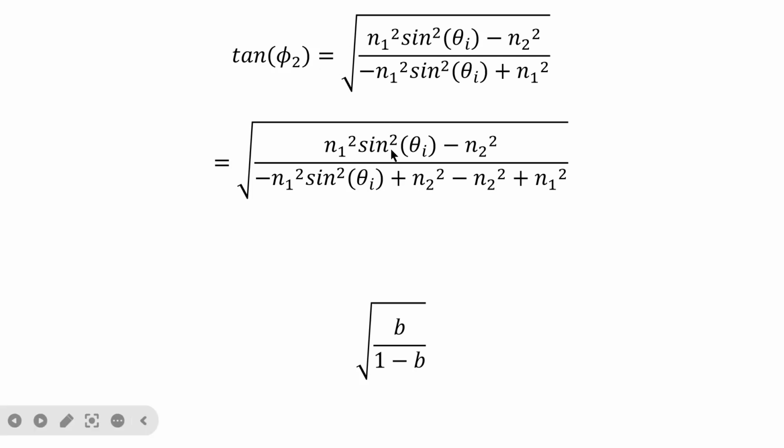If you do that and you divide the top and bottom by n1 square minus n2 square, then you will get this. And you can simplify this into this manner: b divided by 1 minus b, and then take the whole expression as a square root. So this is the phase shift.